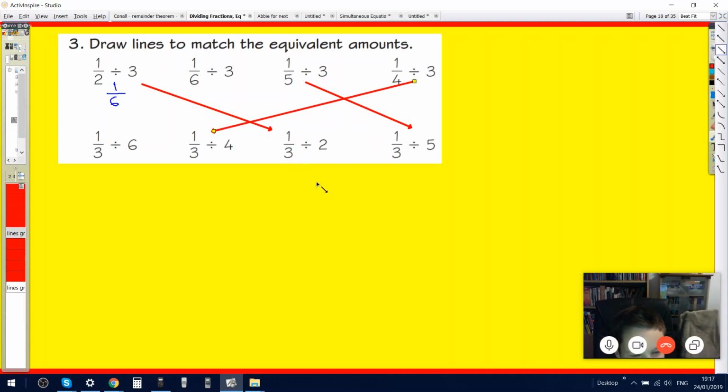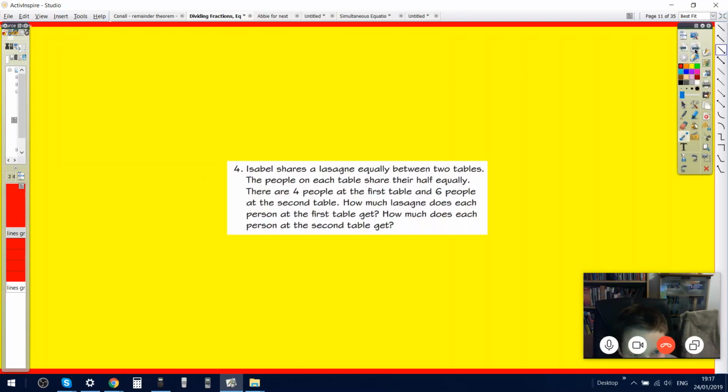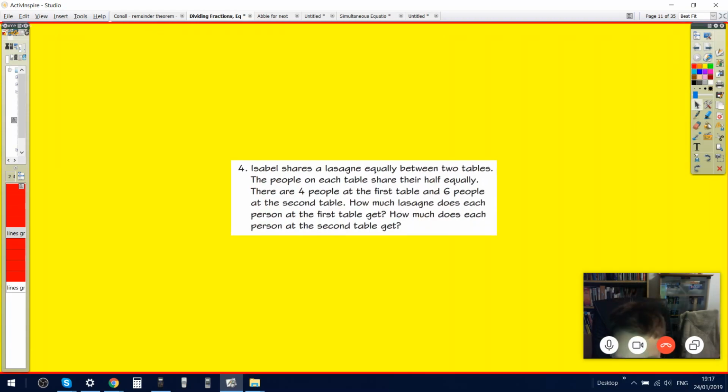So 1/3 divided by 6 is the same as 1/6 divided by 3. Well done.